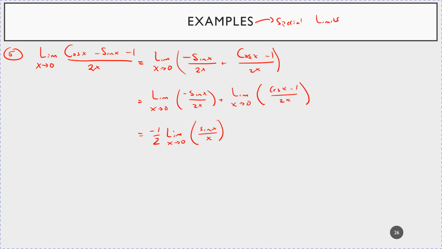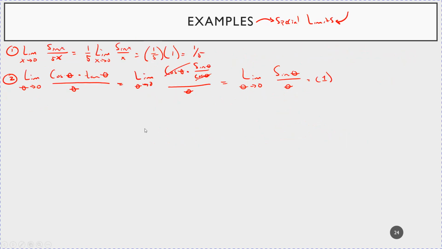Now here, to flip this around, to have this be 1 minus cosine of x, I'm going to factor out a negative and then also factor out this 2. So this becomes minus 1/2 limit as x goes to 0. When I factor out a negative, this becomes 1 minus cosine of x over x. Check this out. Sine of x over x, what is that?